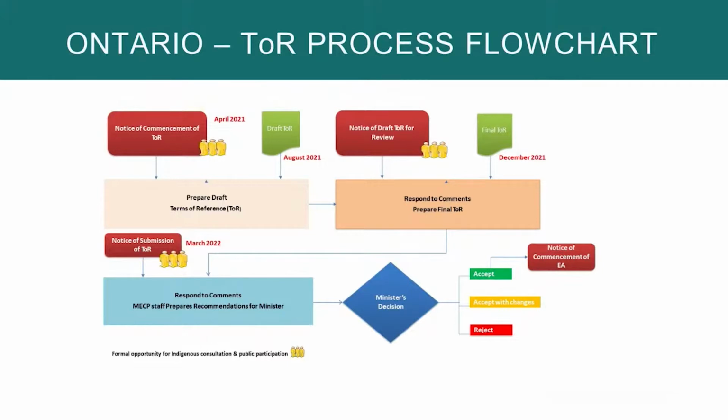So that's a very high level, quick version of that. And I'm going to hand it over now to Mike to talk about the EA process in a little bit more detail. Welcome, everybody. So if the ToR is approved, I think we talked about this on our radio show, all the milestones associated with the terms of reference, which is the work plan for the environmental assessment.